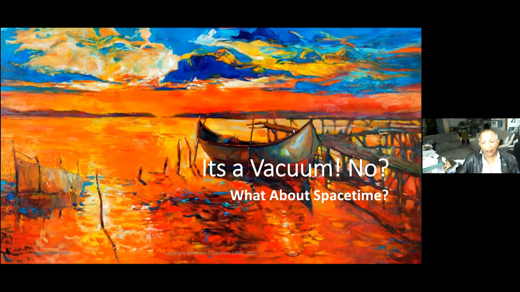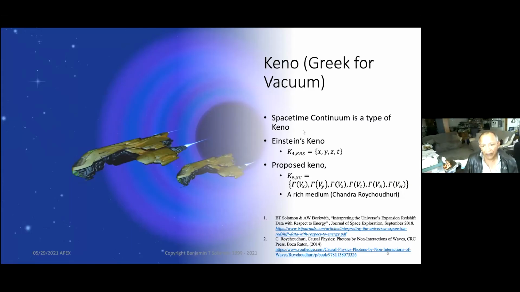Okay, is it a vacuum? No. What about space-time? When I looked at space-time, I realized that there are many different types of space-time. I don't use the word space-time continuum anymore because it comes with a whole lot of baggage, including ether.